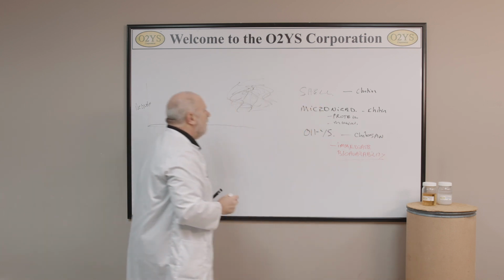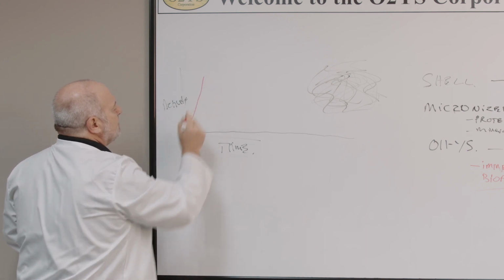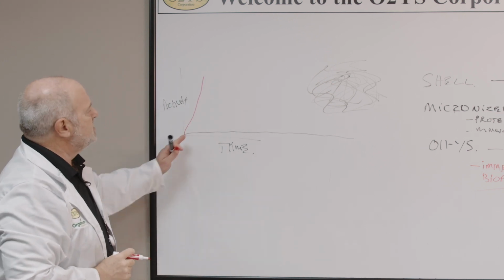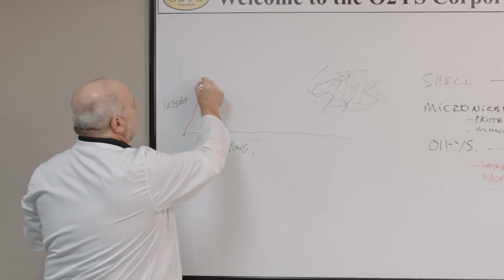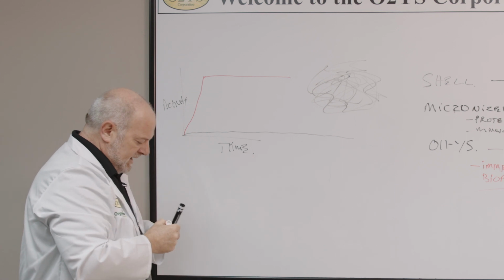That's the key. And why is that? Well, if you look at it on a graph, you get a much, much steeper rise, which is the immediate bioavailability, and because it's soluble, you get a much higher elevated activity.